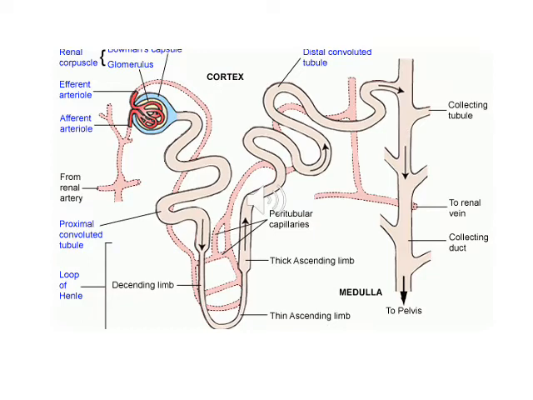This loop of Henle has a thick ascending limb and a thin descending limb. The loop of Henle is situated in the renal medulla. The third part of the renal tubule is called the distal convoluted tubule, and it is also situated in the renal cortex area.